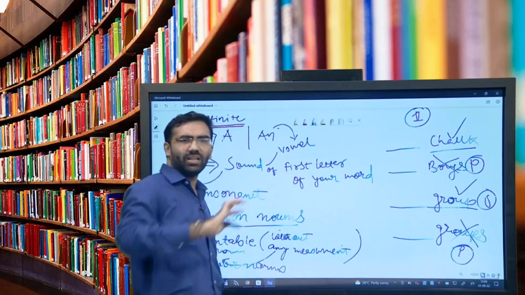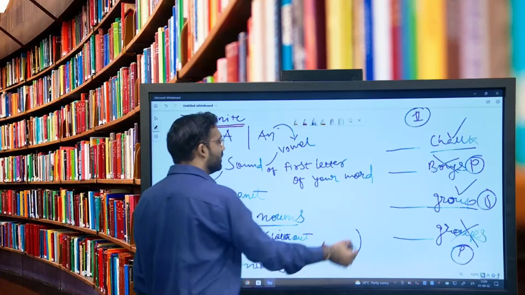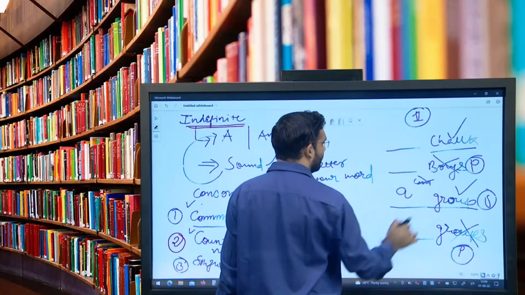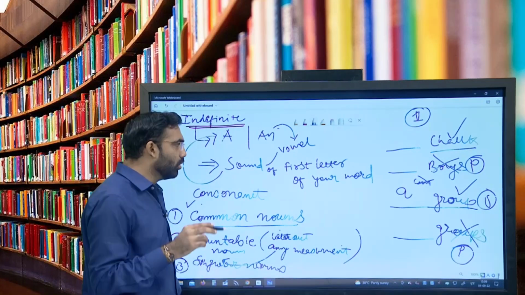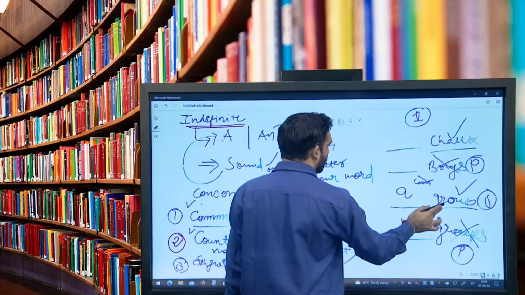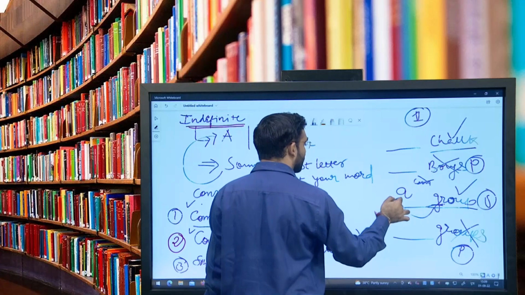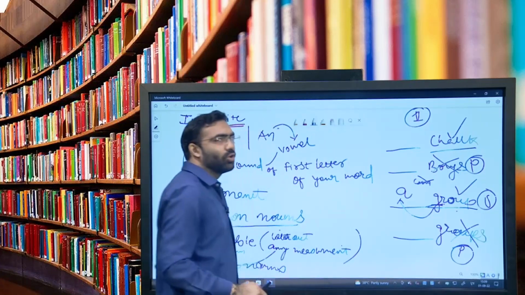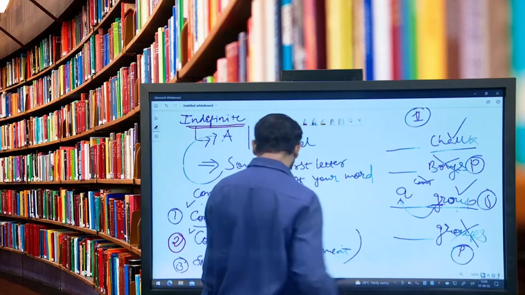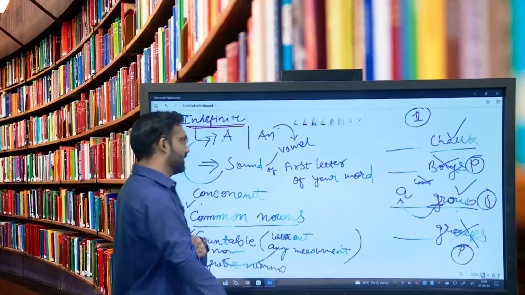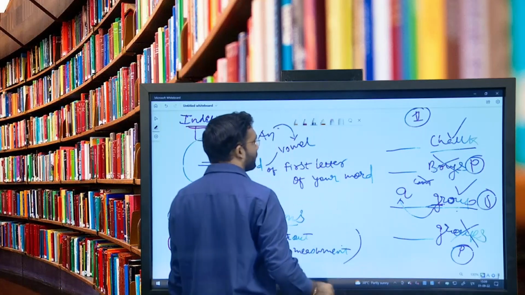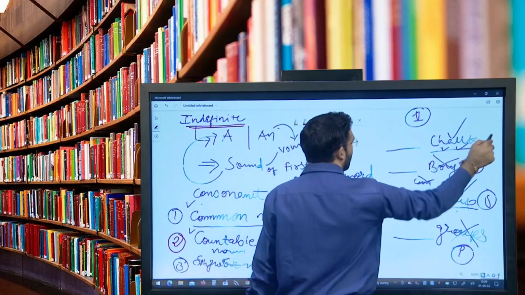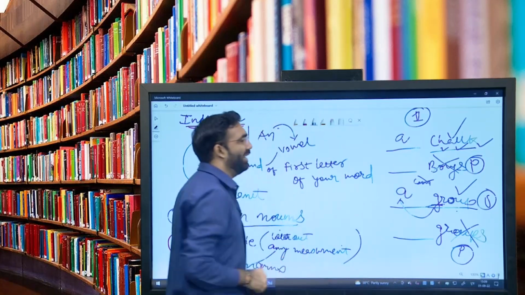Group is only one group, so here you can use a, not an. Remember the sound of g in group is a consonant sound. Before a consonant sound you would use a. Is it countable? Yes. Is group a common noun? Yes. Is it singular? Yes. Again, chalkstick. Common noun? Yes. Countable? Yes. Singular? Yes. Article a.